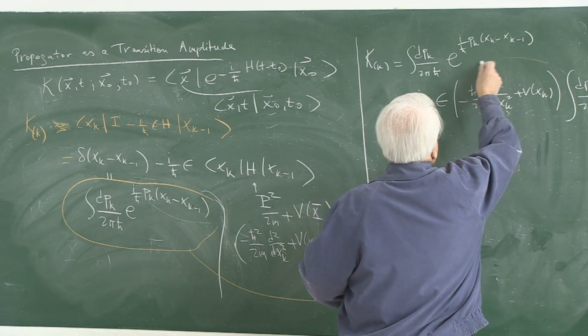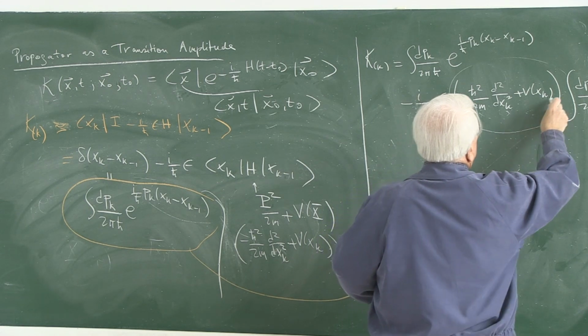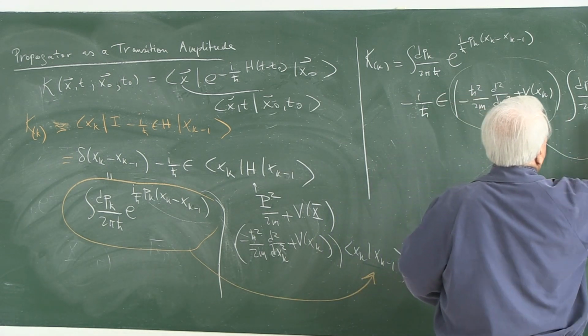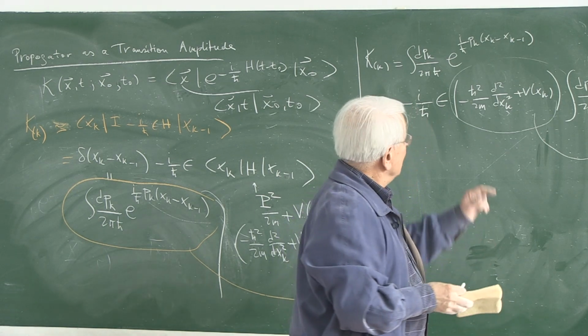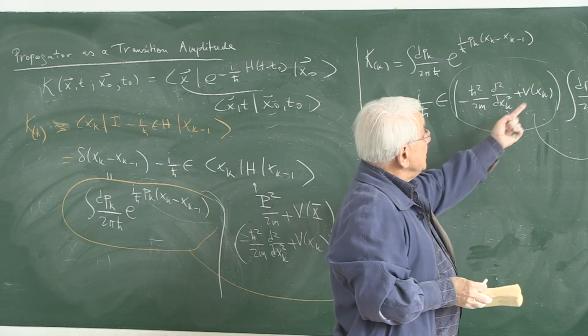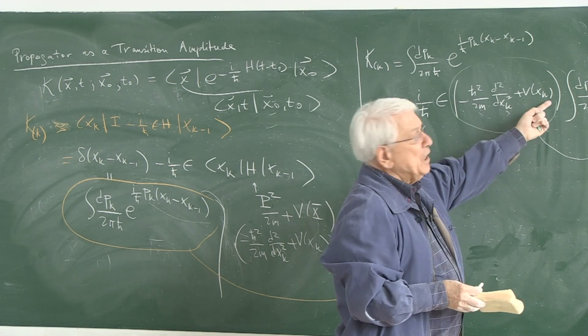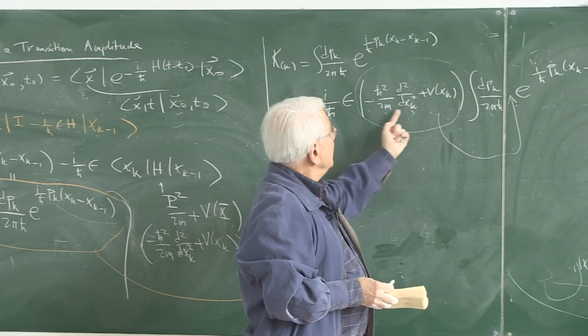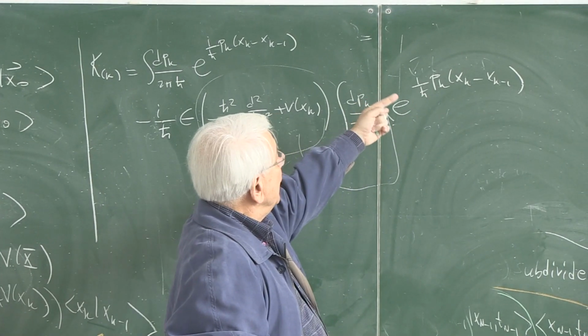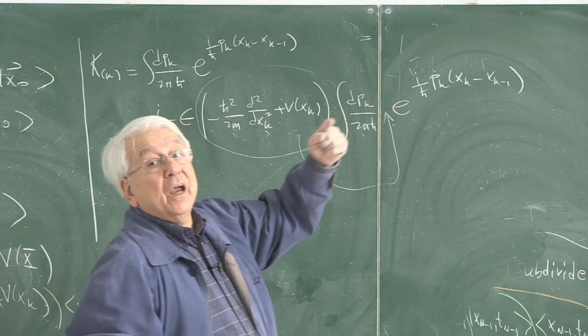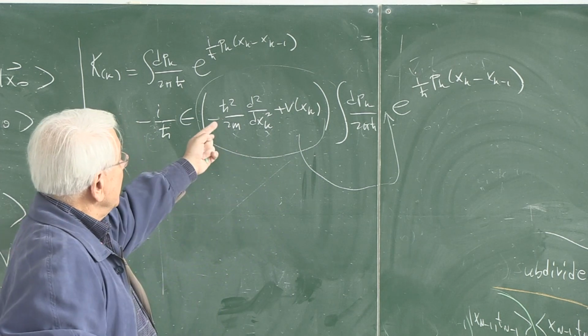Let's move this in. This moves in, and this derivative acts on... well, this is a C-number function. There's no danger in it. This derivative acts on the exponential and brings down what? i over h bar pk, squared, with a minus sign.